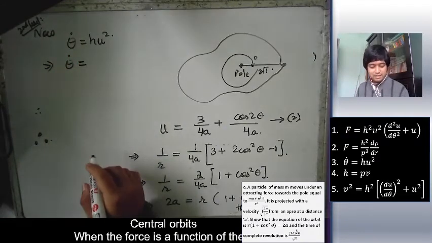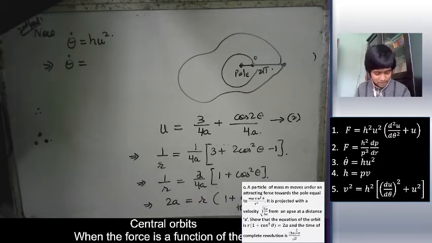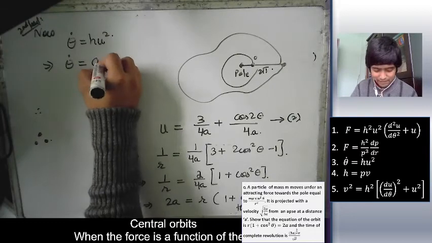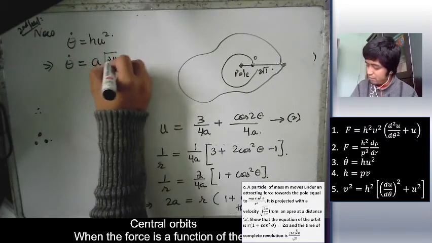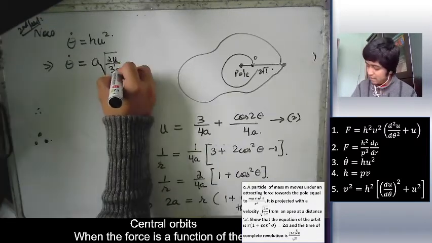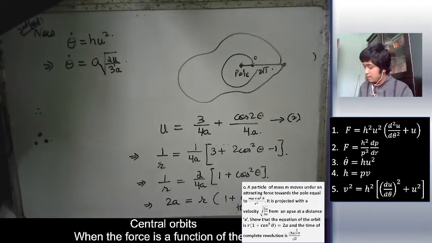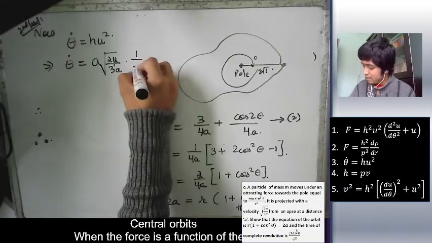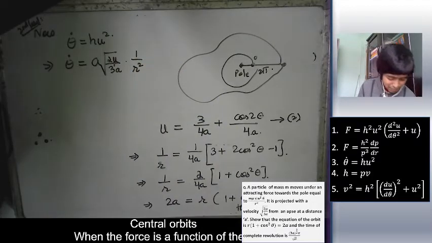I forgot the value of h. How much did we get h equal to? I think h was this value, if you remember, 2 mu upon 3a, and u square will be 1 by r square. So this is what we are having.